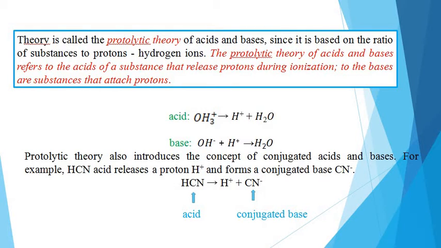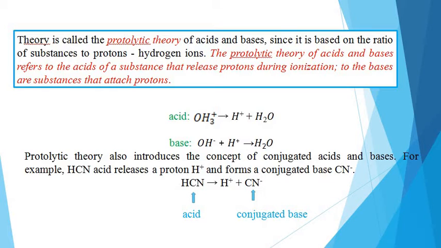The theory is called the protolytic theory of acids and bases since it is based on the relation of substances to protons, hydrogen ions. The protolytic theory refers to acids as substances that release protons during ionization.